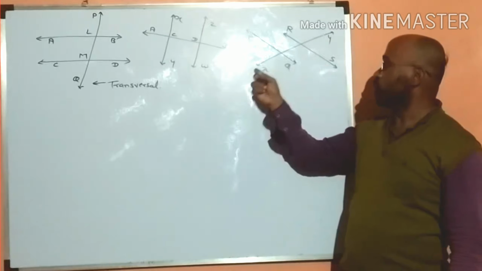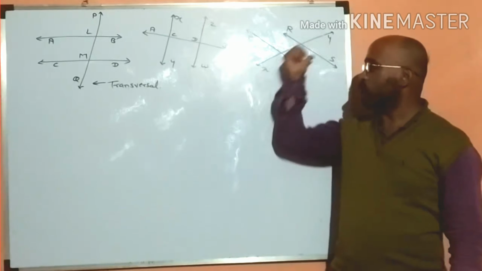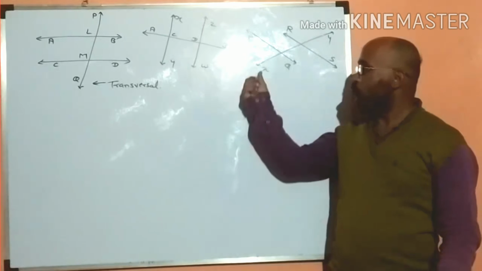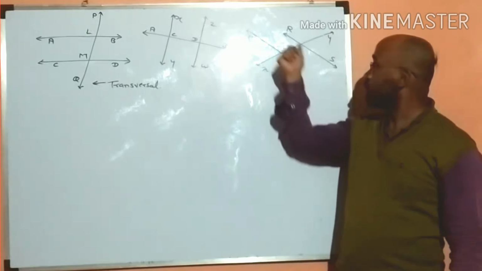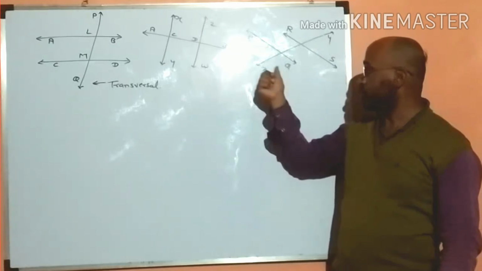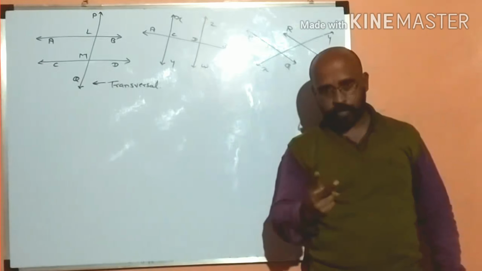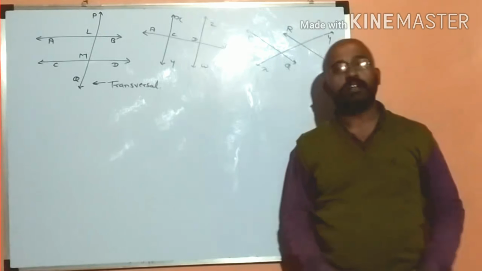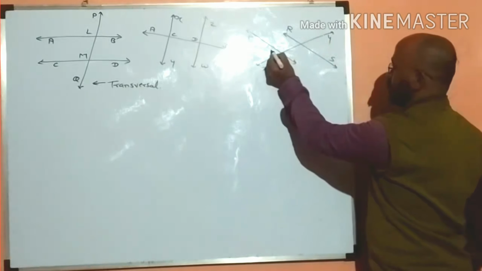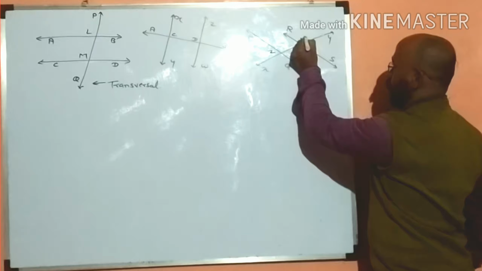RS is intersecting only XY. Now XY, is it a transversal? How many lines is it intersecting? XY is intersecting PQ at this point, RS at this point. Means XY is intersecting two lines at two different points. So XY is a transversal. Suppose it is intersecting at points Z and W.